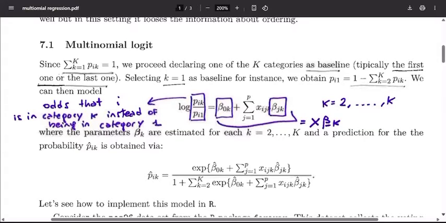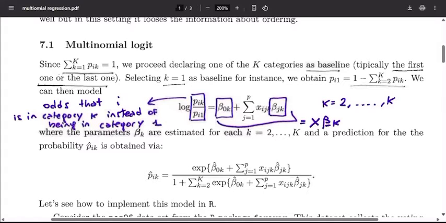And that was why I said typically the first one or the last one, we can set k equal to 1, and that k equal to 1 to be a baseline, for instance. We need to have a baseline because that will give us an opportunity for comparison. If we choose a baseline, that will enable us to make a comparison between the level of the categorical variable and the one that you reference.